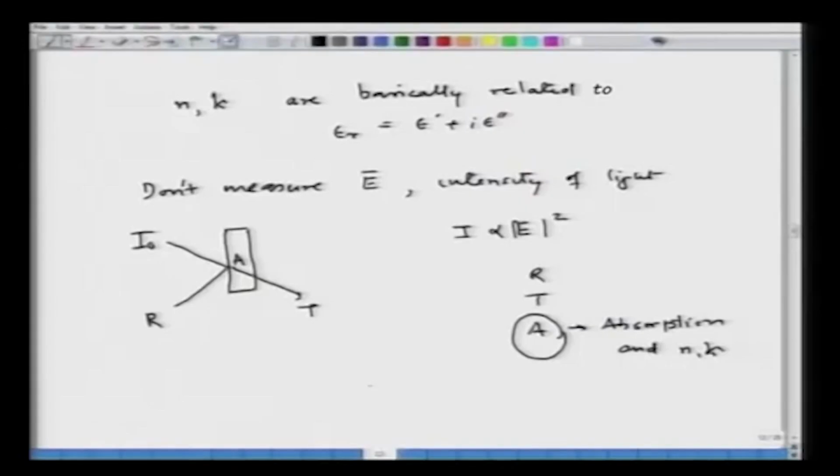If you remember, we talked about intensity of light. If I naught is the intensity of light falling on a material of this dimension x, then what I am going to measure is the intensity here, which will be attenuated by a factor alpha x, and alpha was defined as the absorption coefficient.